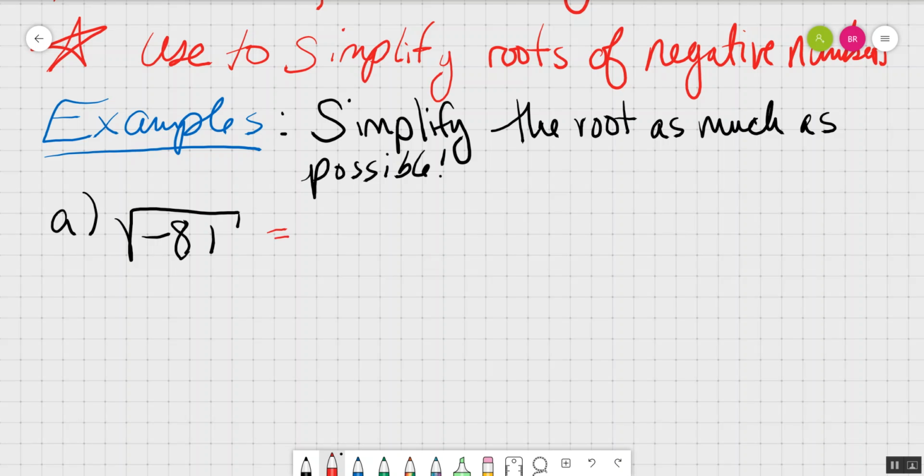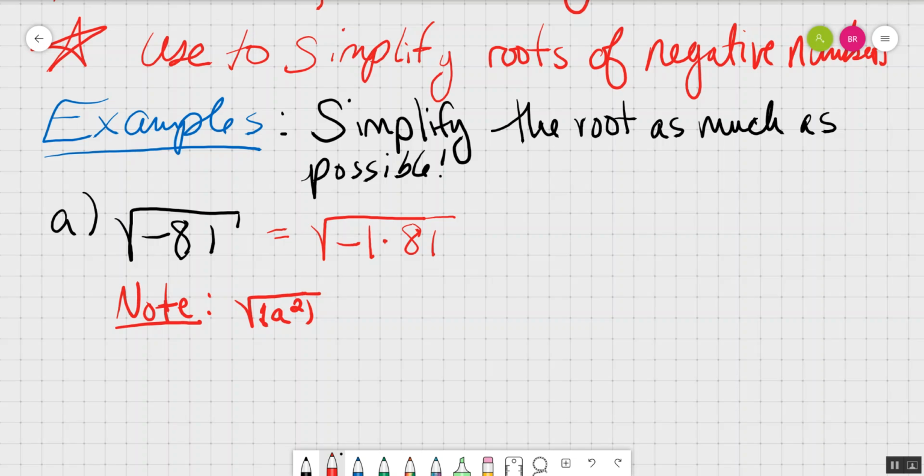So I need something that when I square it, I get 81. So I'm going to think of this as -1 times 81. And remember, one of the things we know, and this is what I'm going to be using, is that if I do the square root of something squared, I will get it back. So I'm going to use that a bunch, just so you know. Okay, so square root of 81.